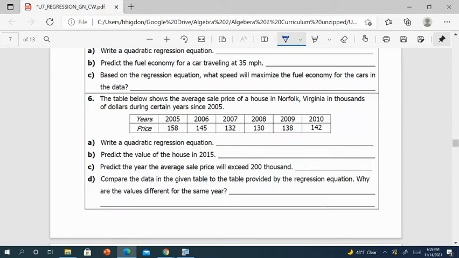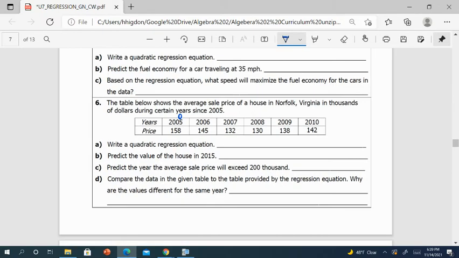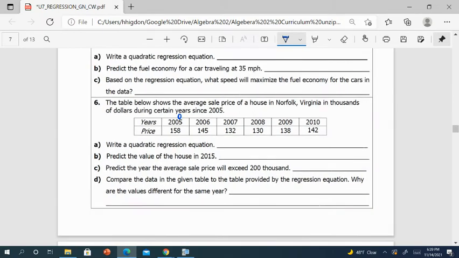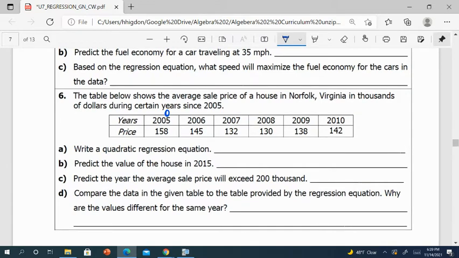What we do is we say, whatever the first year is, that's going to be year 0. The 2005 is going to be year 0, which means 2006 is 1 year later. So 2006 is going to be year 1, 2007 is going to be year 2, 2008 is going to be year 3, and so on for this data.